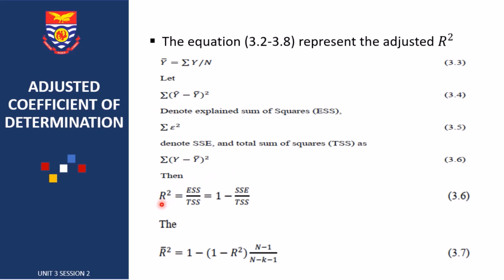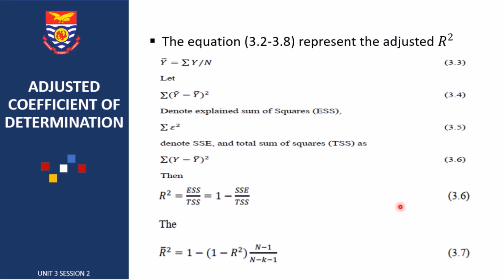And the adjusted R-square is estimated as the error sum of squares over the total sum of squares, which is equal to 1 minus the error sum of squares over the total sum of squares. So it is with this equation that we're going to estimate the R-square, but we have to understand that all these equations are just here to highlight how these values are being established. In our estimation we are not going to estimate our models manually.